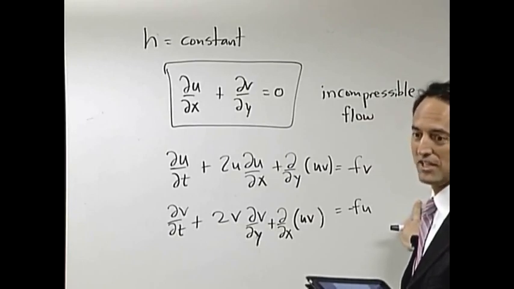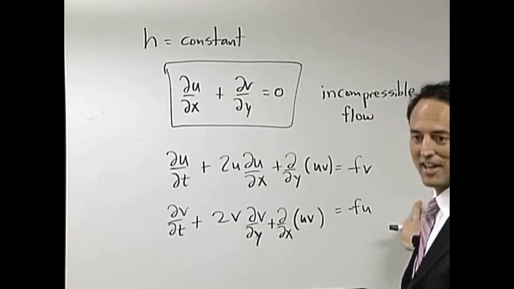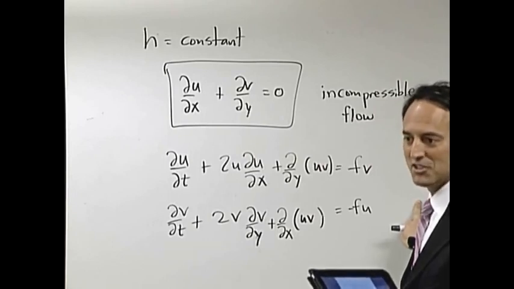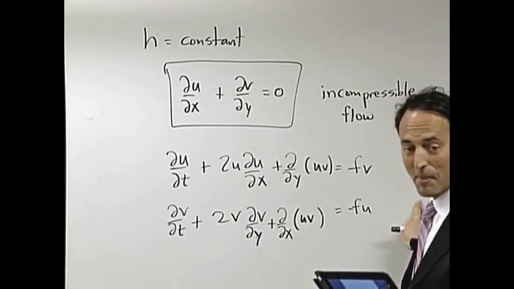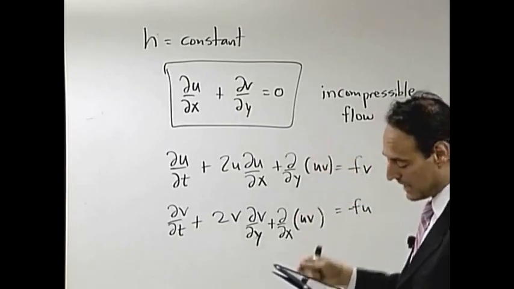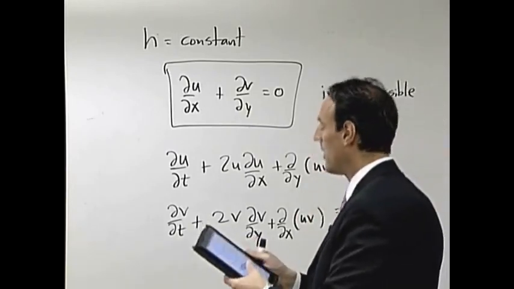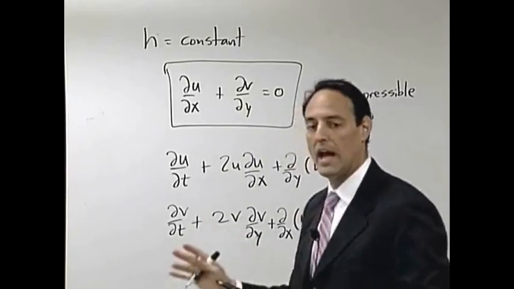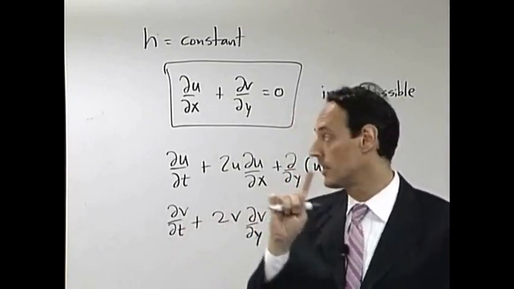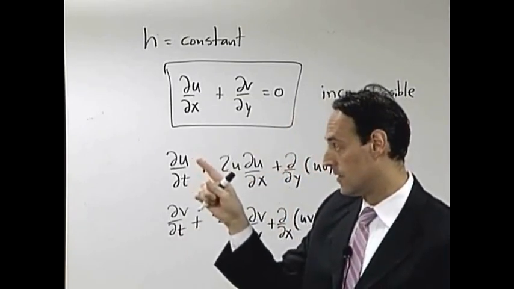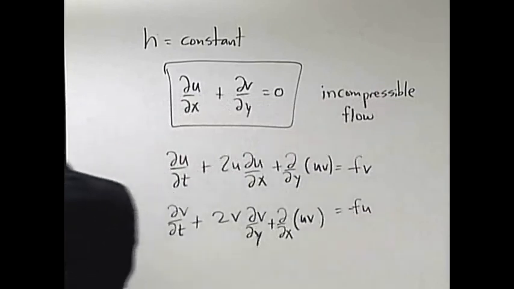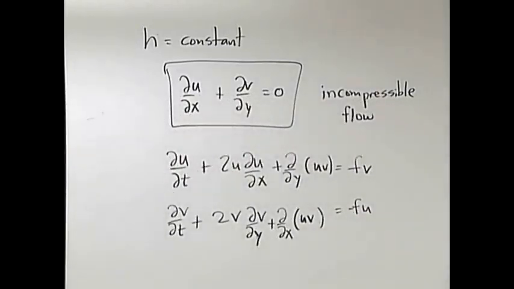When all this stuff cancels and adds together beautifully, then you know you did all the algebra right. Unless you get 0 equals 0, then maybe you did it wrong. But it comes out very nicely, and let me just show you the final form of this. If you do all that, and then you remember the definition of vorticity, which is erased, here's what you get.